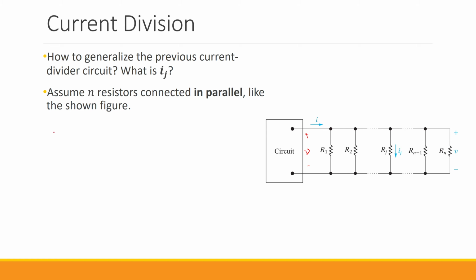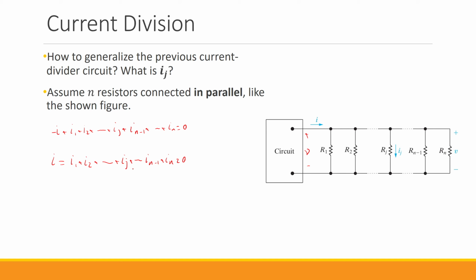We have negative I, since it's entering this, so negative I plus I1 plus I2 plus all the way to Ij plus In minus 1 plus all the way to In equals 0, or I equals I1 plus I2 plus all the way to Ij, all the way to In minus 1 plus In.